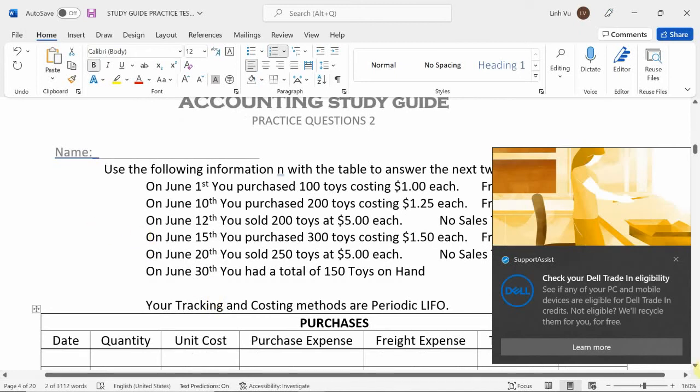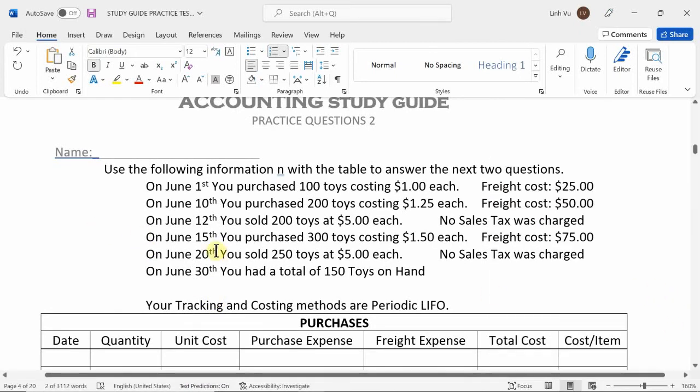All right, let's take an example to do a periodic inventory. Here's your scenario dealing with 100 toys. The key word here is that your tracking and costing method are periodic and it's LIFO, last in, first out.